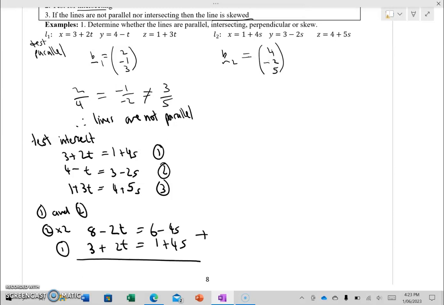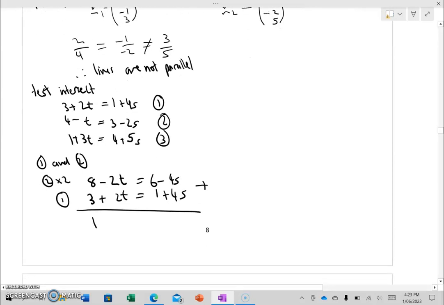Something interesting happens when I add that. Over here we get 11, over here we get 7. 11 equals 7. Well, that's not true. So therefore the first 2 you can't solve simultaneously together. So therefore lines do not intersect.